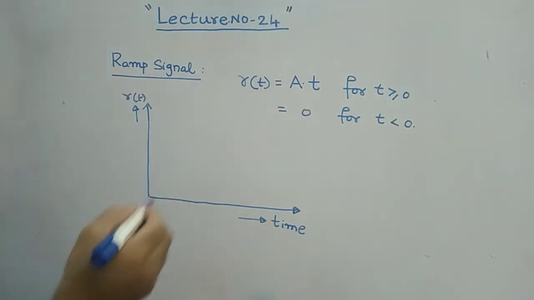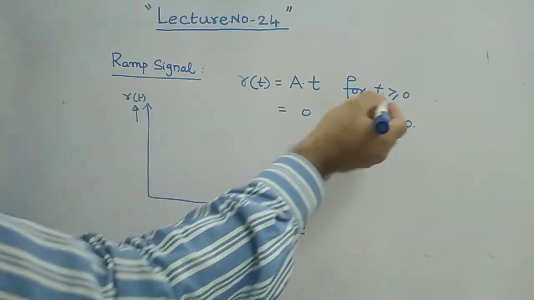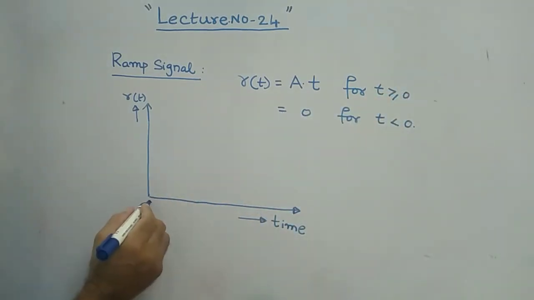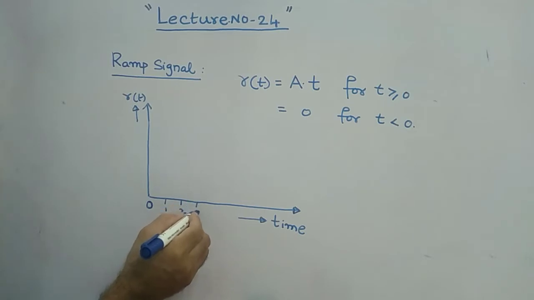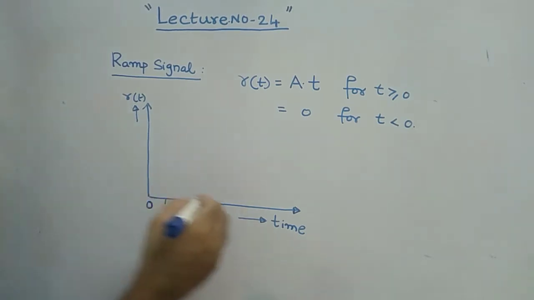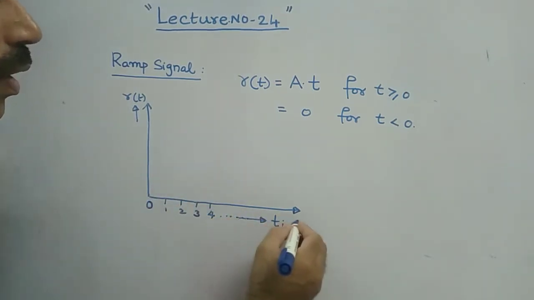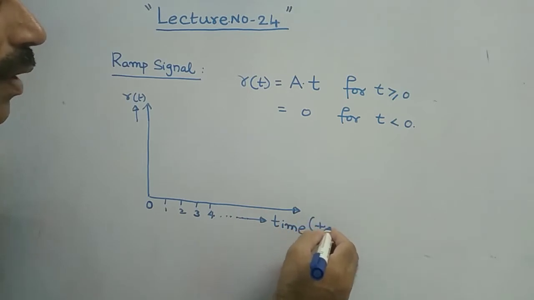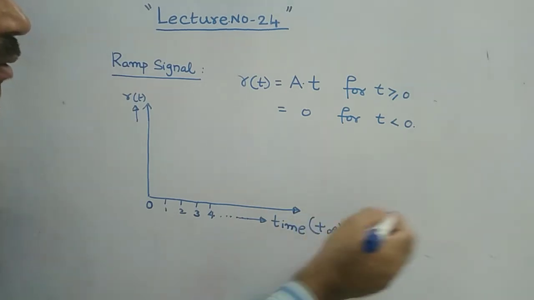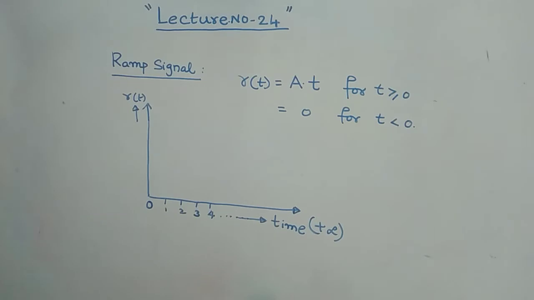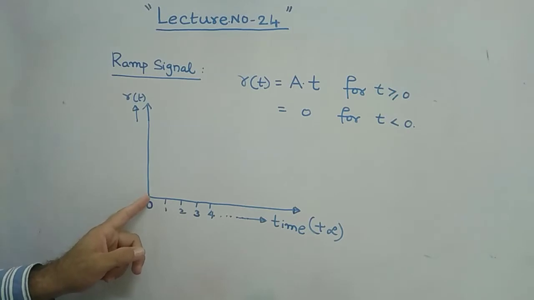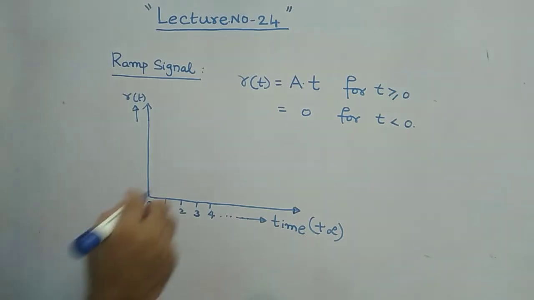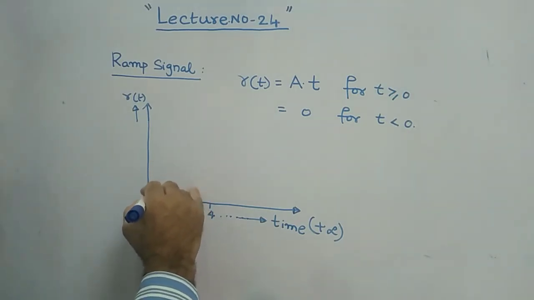For t equal to 0 it starts at 0, and then it goes to 1, 2, 3, and so on, up to plus infinity.